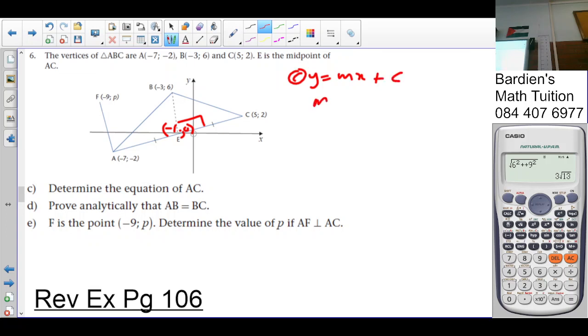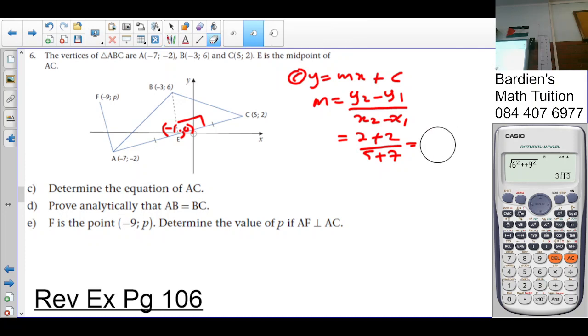To work out m, which is your gradient, is y2 minus y1 over x2 minus x1. So for AC it's going to be 2 minus minus 2 over 5 minus minus 7. So it will be 4 over 12, which is, no, I didn't have to calculate the gradient of AC.